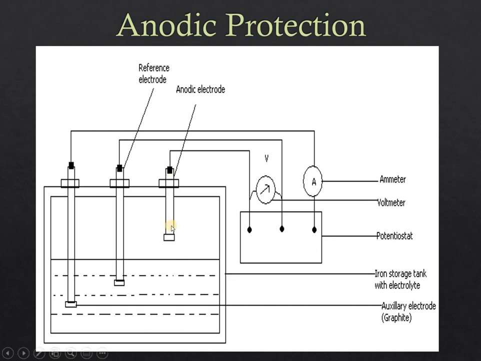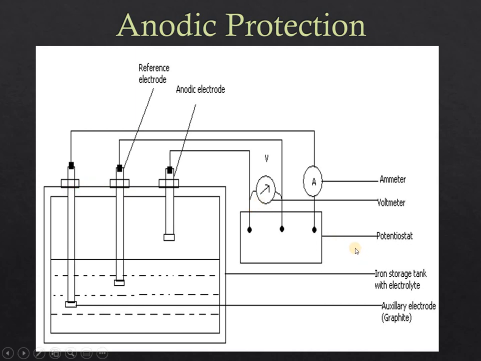Here the tank is made an anode by connecting it to the anodic end of the potentiostat, and with respect to the reference electrode, the metallic tank is converted into an anode.